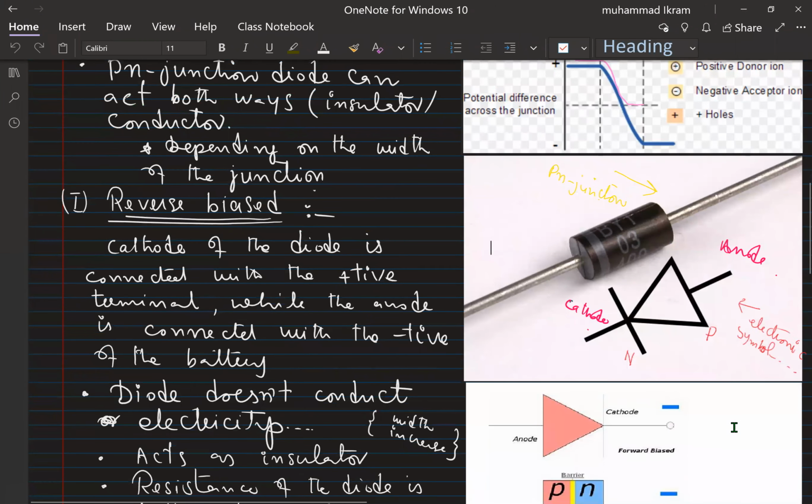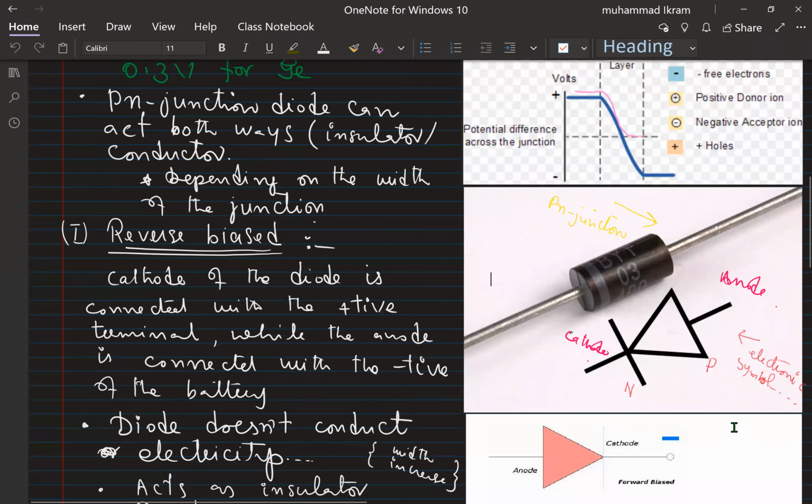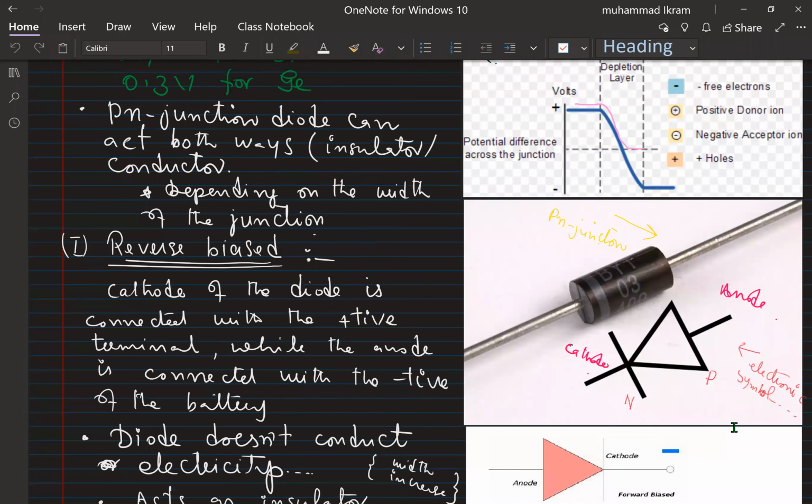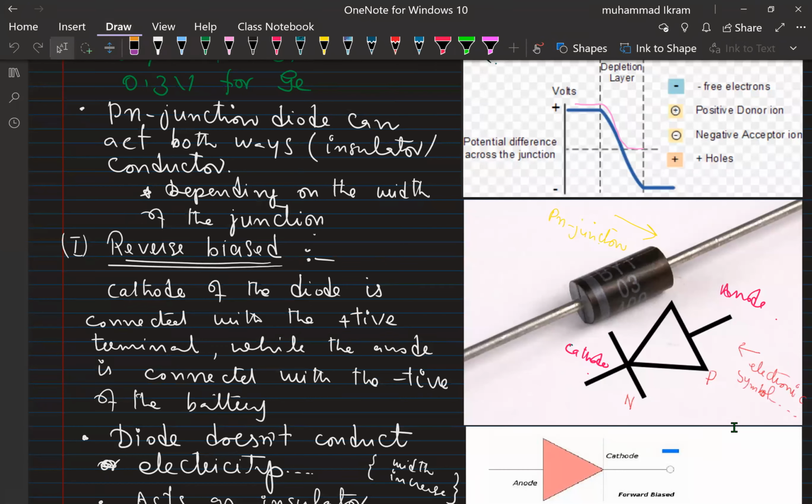Here you see, this is the diode, or the PN junction diode. Here we have the electronic symbol of the diode.